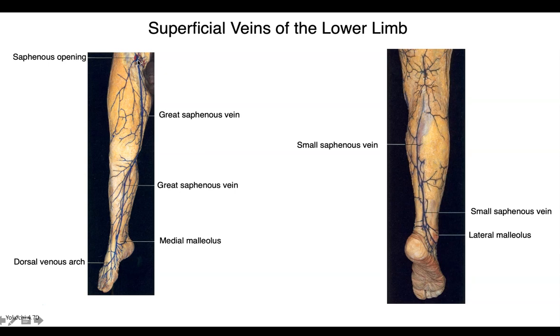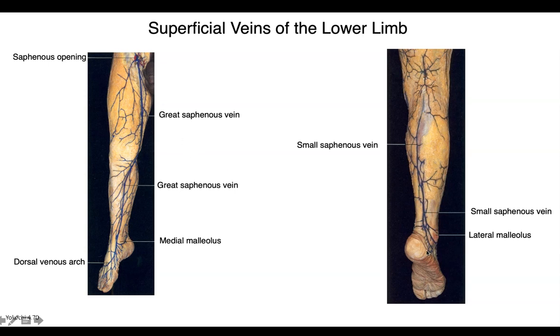The deep vein lies deep to the deep fascia, and the deep vein of the lower limb in the thigh is the femoral vein. So the great saphenous vein is a superficial vein. It drains the skin and superficial fascia, and it empties into the femoral vein, passing through the saphenous opening.